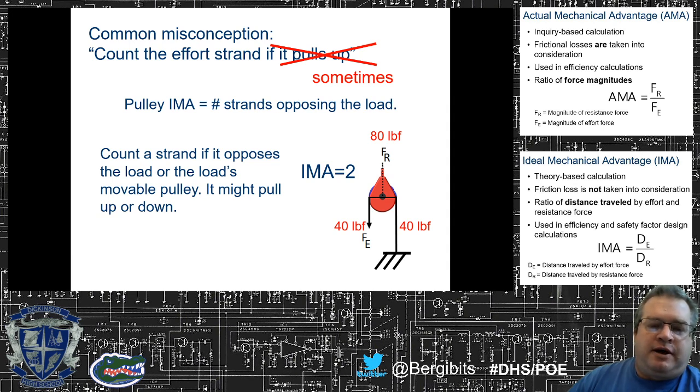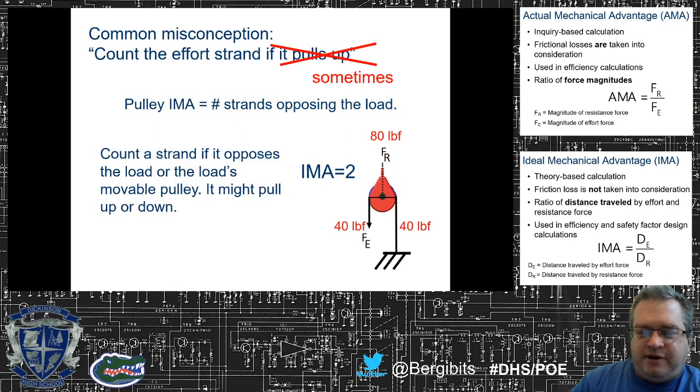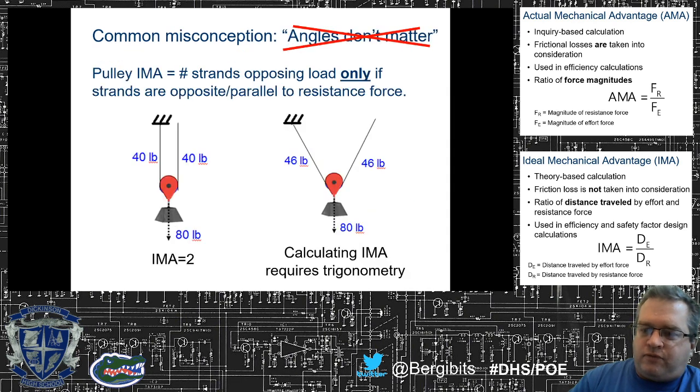Pulley IMA equals the number of strands opposed to the load. In this case, it's 2. And let's go back. That's it. So pulleys, we're not going to get into a lot of those. It's good to know, but we're quickly going to go from here to here.